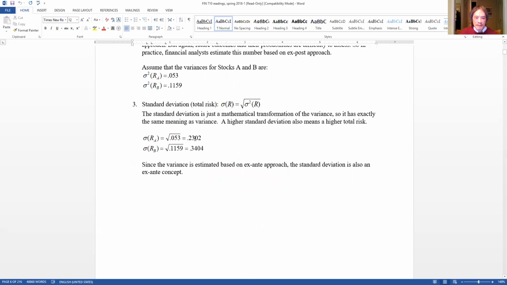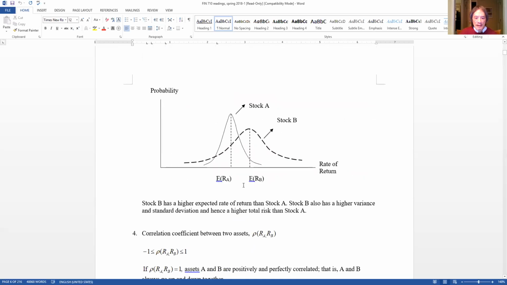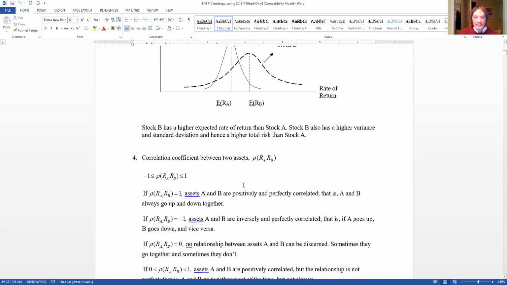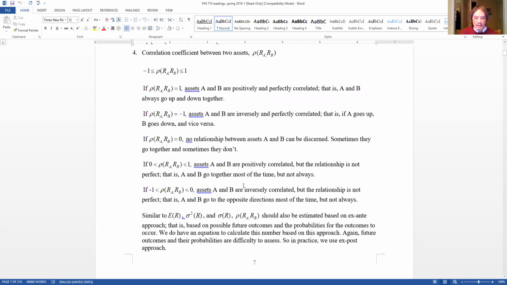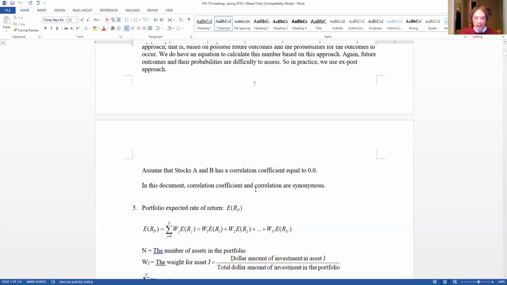And it is 0.2302 for A and 0.3404 for B. Also, we are given a correlation coefficient between A and B is 0.